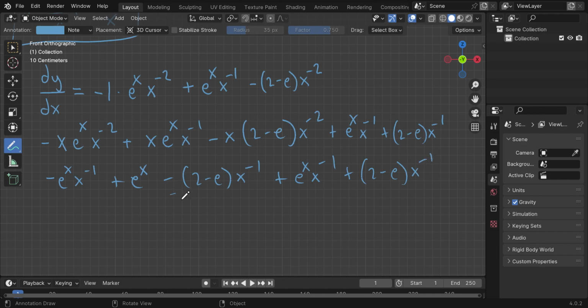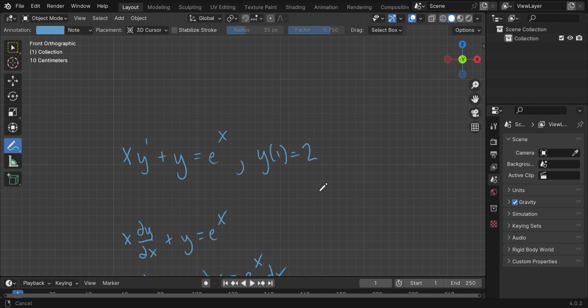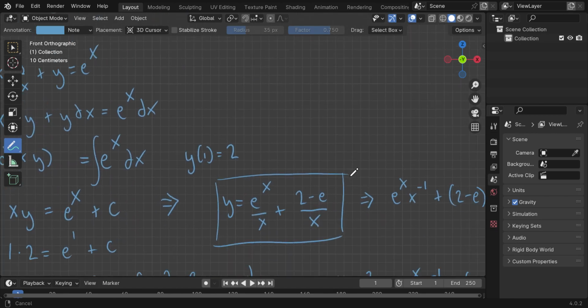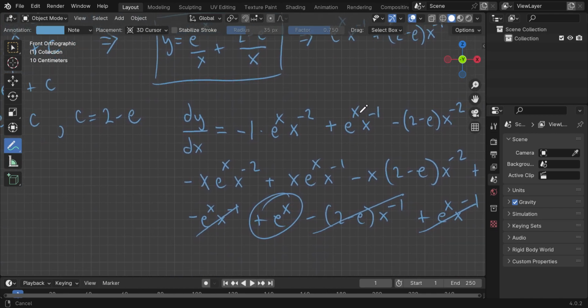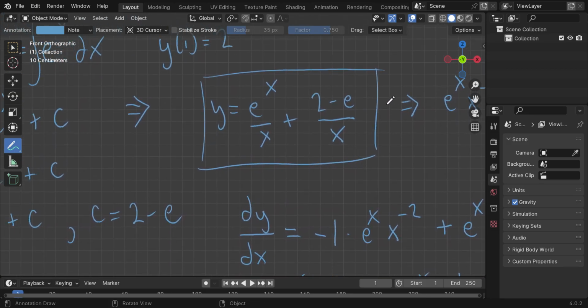And we can cancel out these two, and we can cancel out these two, and all we're left with is e to the x. And that's exactly what the initial problem said: x times y prime plus y equals e to the x. So that is the specific solution to this differential equation.